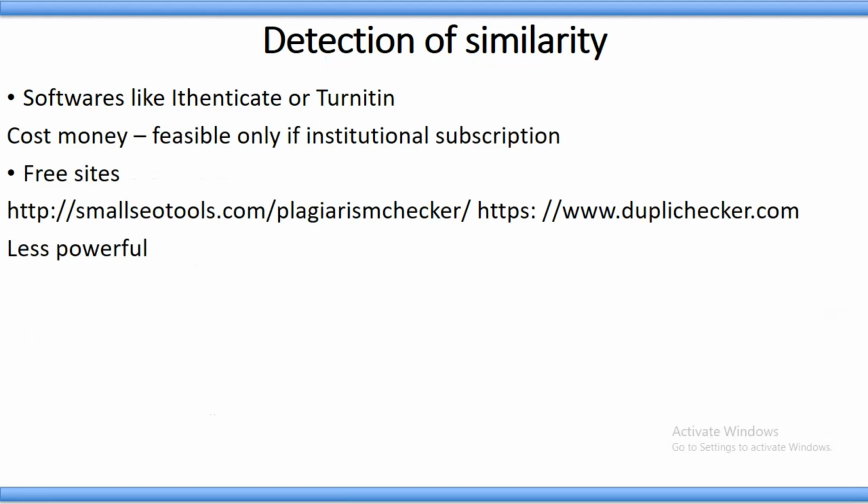They cannot tell you whether something is plagiarized or not. The good software like Authenticate or Turnitin are costly. You cannot subscribe to them individually, and only if your institution has a subscription can you use this software. But there are free softwares as well. And we shall see that there are some techniques that you can use to avoid falling foul of plagiarism, even if you don't have access to any software.